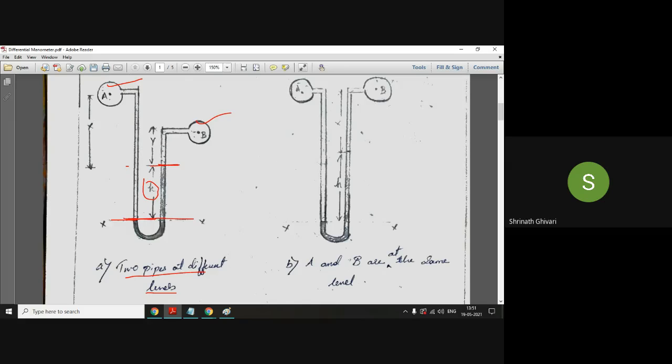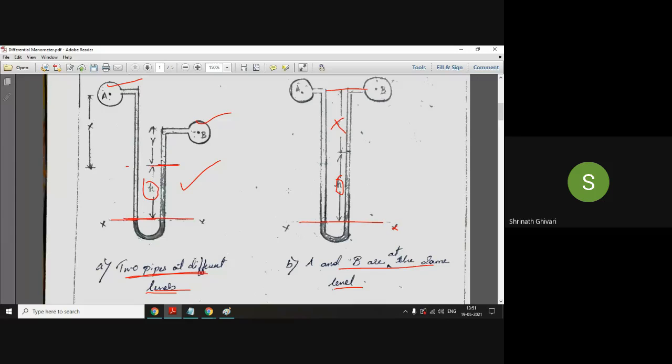This happens only when the two pipes are at different levels. And this is when A and B are at the same level. So H and this is X. This is the difference of the lighter liquid levels and this is the difference of the heavier liquid levels, that is the manometric liquid.